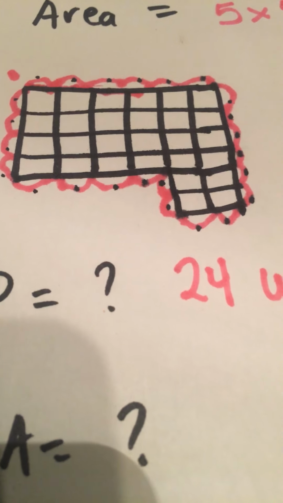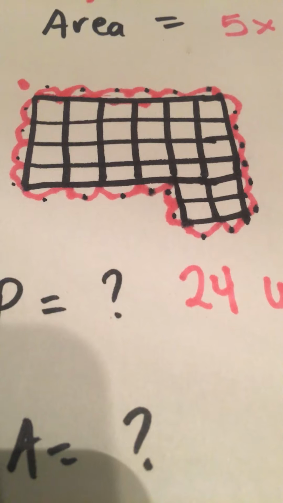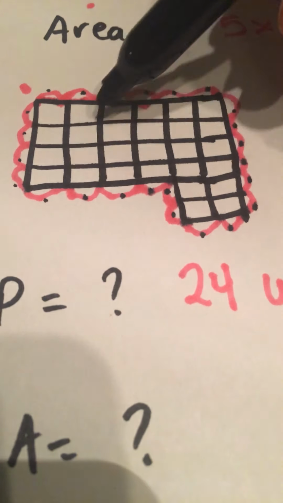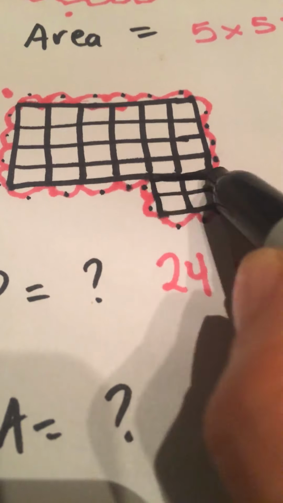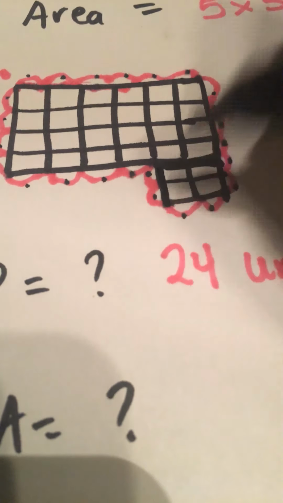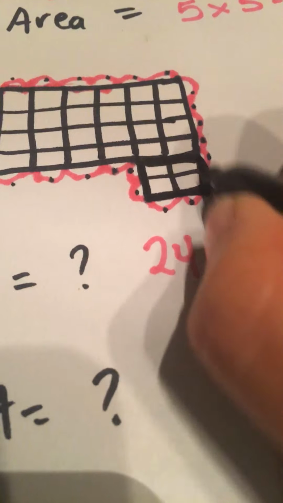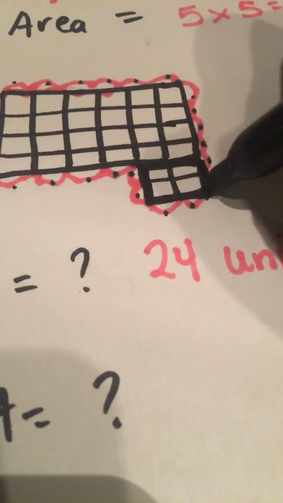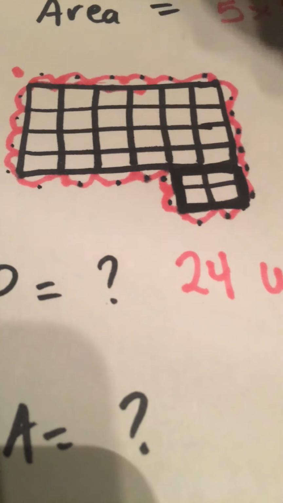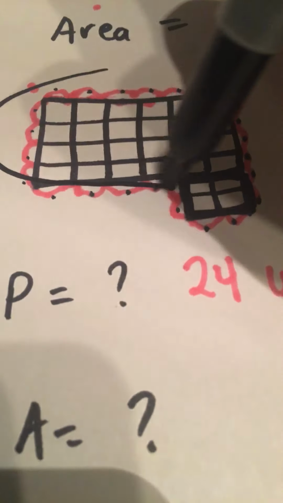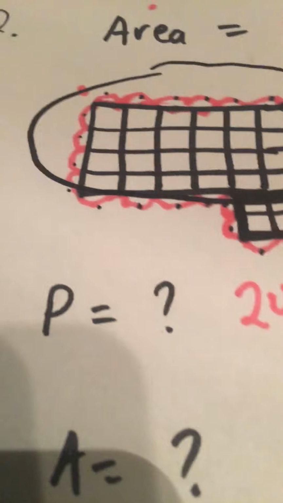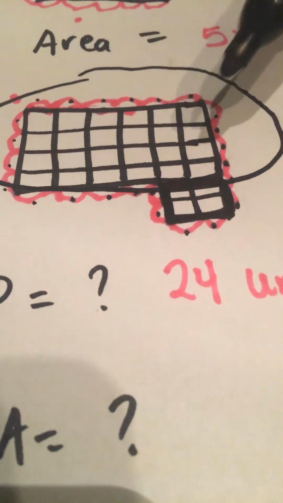So when you go to figure out the area of this shape, you can just simply count all the units inside, or sometimes I like to look at this as 2 separate rectangles. I'm going to make this one really dark so I can see it separately. And if I look at this rectangle on top, and again, you don't have to do it this way, you can simply count the square units inside.